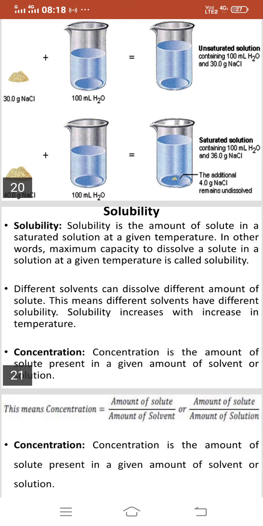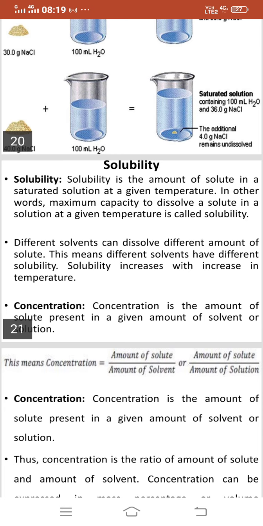Different solvents can dissolve different amount of solute. This means different solvents have different solubility. Solubility increases with increase in temperature. It means the relationship between solubility and temperature is directly proportional.